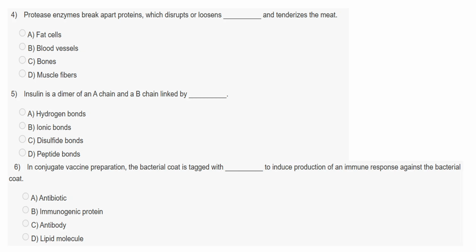Next question. In conjugate vaccine preparation, the bacterial coat is tagged with dash to induce production of an immune response against the bacterial coat. What is that? Yes, it is the immunogenic protein.